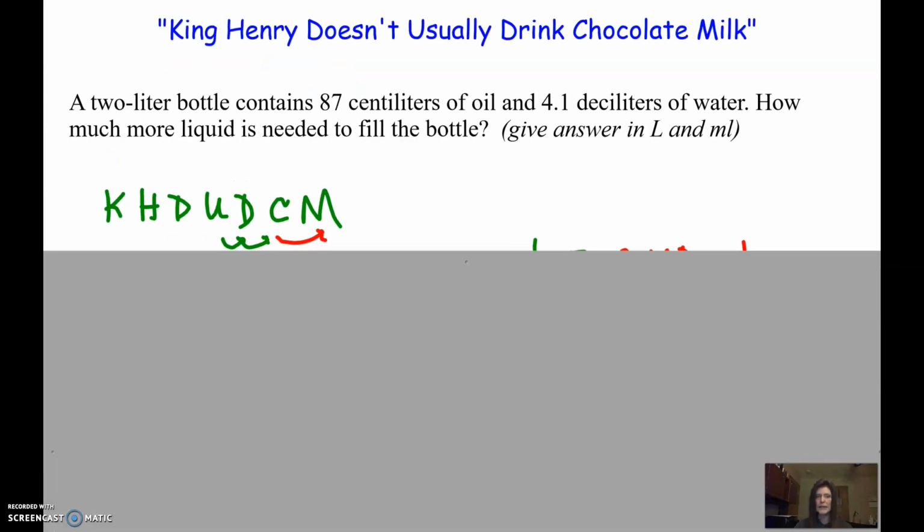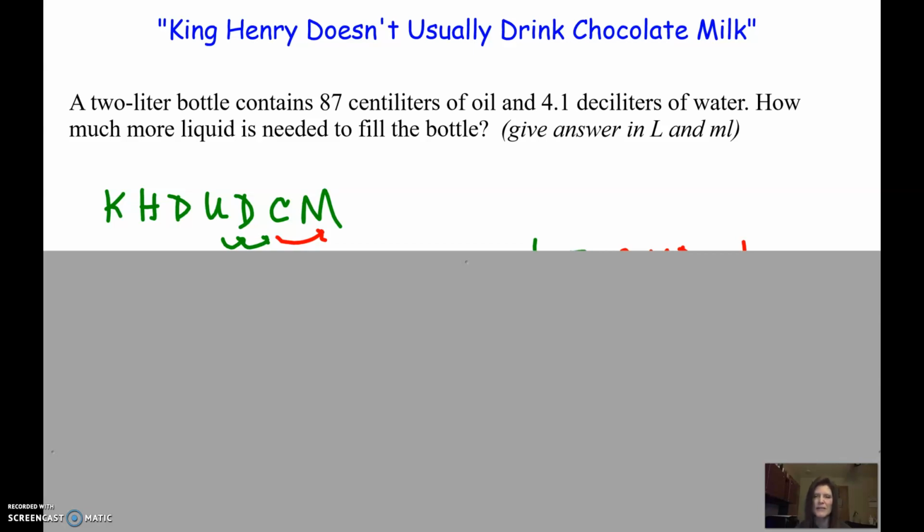Last problem. Now this one involves a little bit more work, okay? We've got a 2-liter bottle that has 87 centiliters of oil and 4.1 deciliters of water. We want to know how much more liquid is needed to fill the bottle, and we have to give the answer in liters and milliliters. If you remember from some of my other videos, I've always suggested you convert down to the smallest unit of measure.